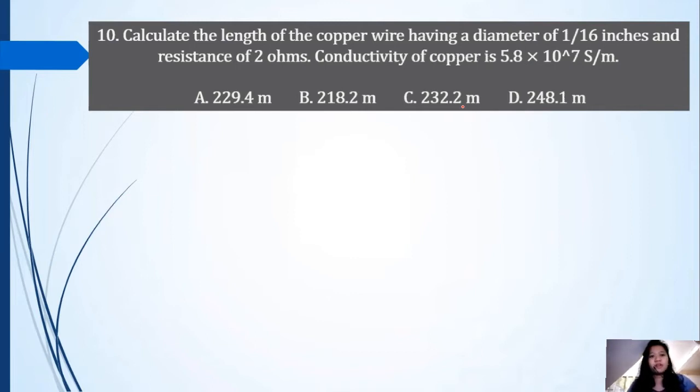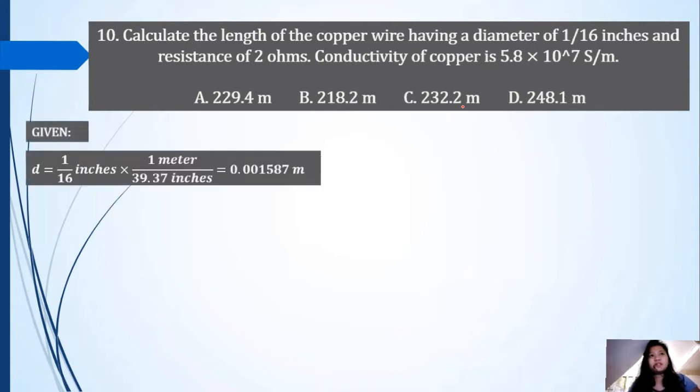So first, let's identify what is given in the problem. The first given is the diameter, which is 1 over 16 inches. The 1 over 16 inches will be converted into meters. As we all know, 1 meter is equivalent to 39.37 inches.